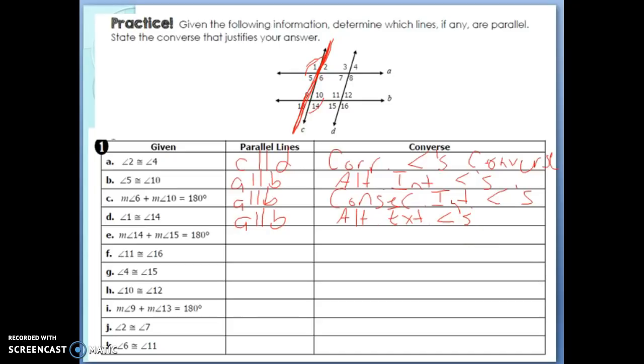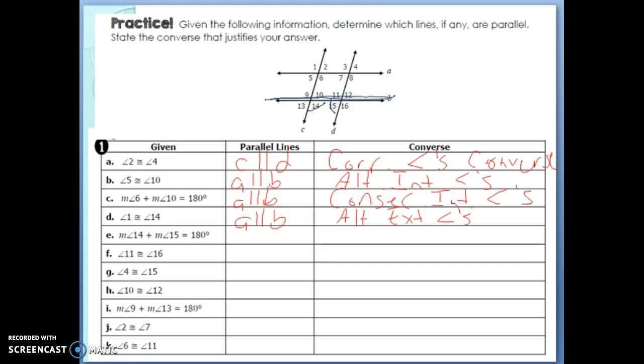Okay, so angle 14 plus angle 15 equals 180. So here's angle 14, here's angle 15. Those are on the same side of this transversal B, and they are in between.